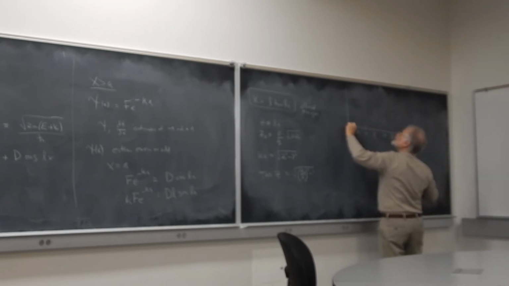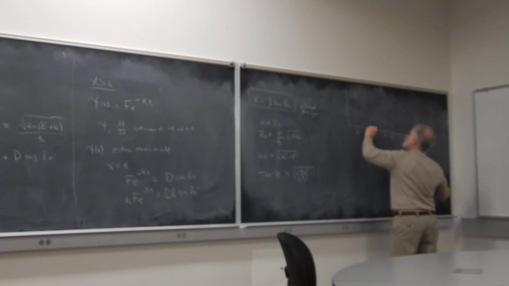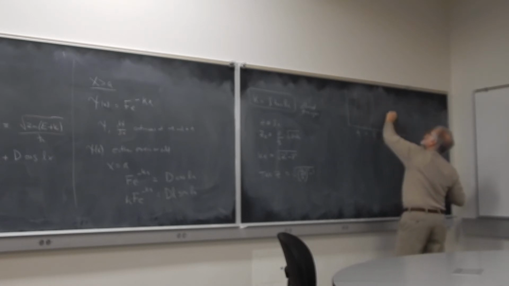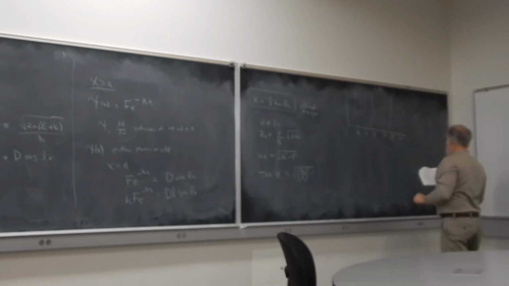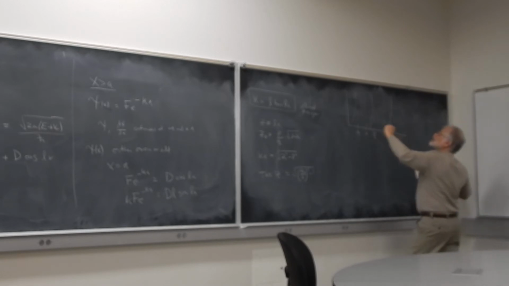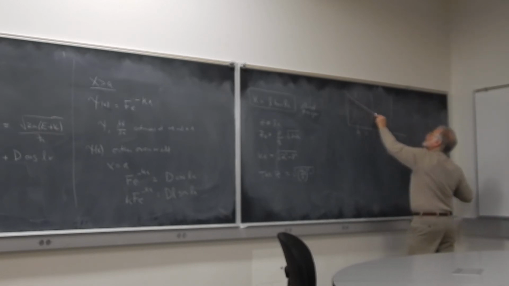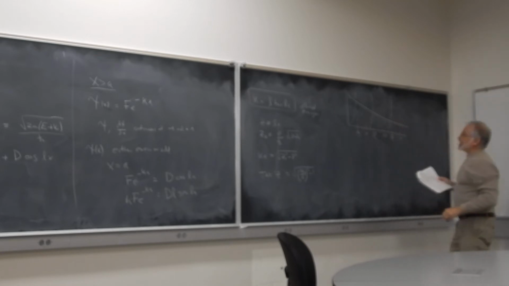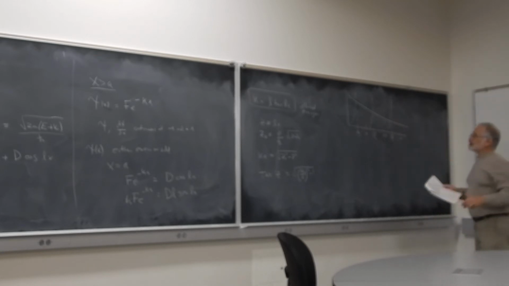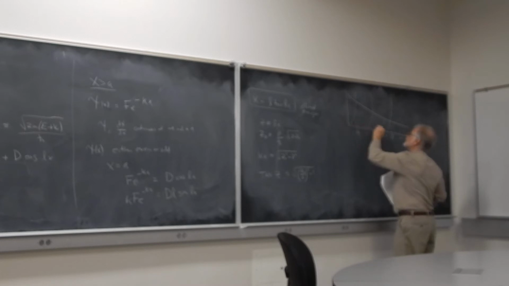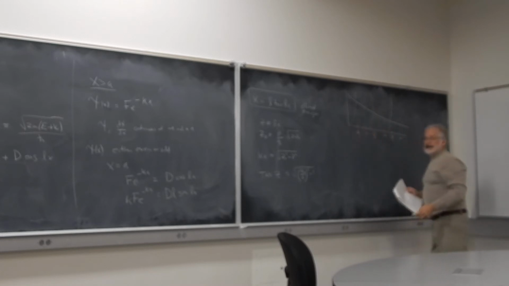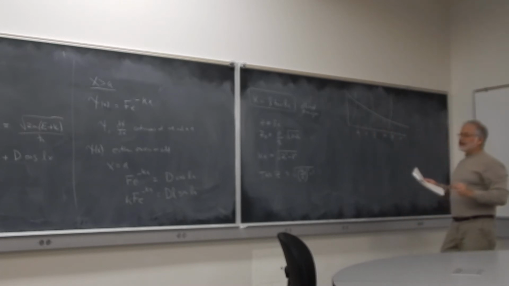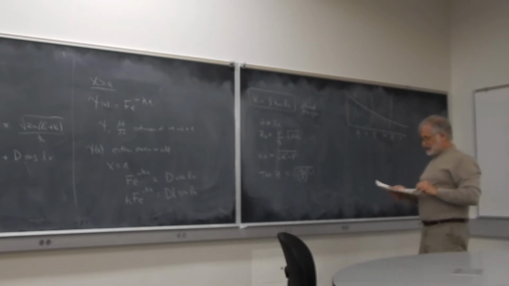So it's going to look like this. And then my other function looks like so. Everywhere the two functions cross is a solution. You read them off the graph, and that will tell you what the solutions are.